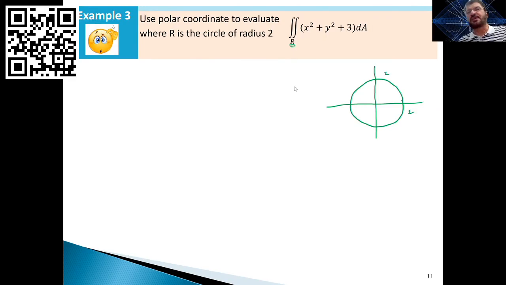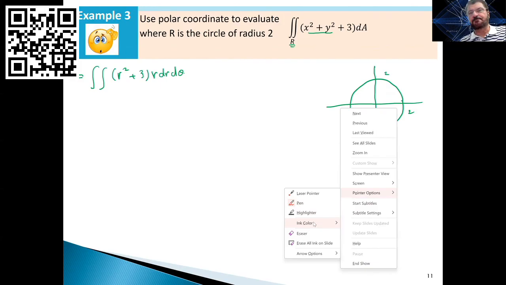So what do we do, guys, here? We can say this is equal to the double integration of, to change it to polar, we know this can be written as r squared plus 3. Then we write r dr d theta. All right, where is R? Here's R, guys.